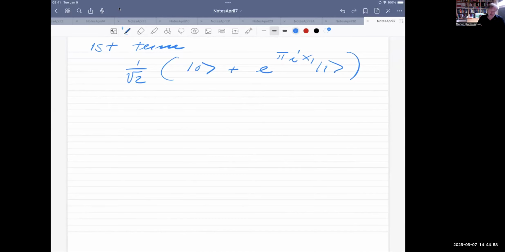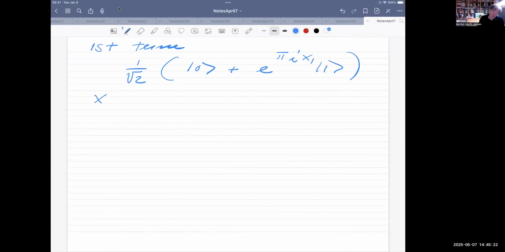So this is a very useful result, because we know that the e to the pi i takes a specific value depending on y0. So suppose now that we only have y0, if x is 0, sorry, not y0.